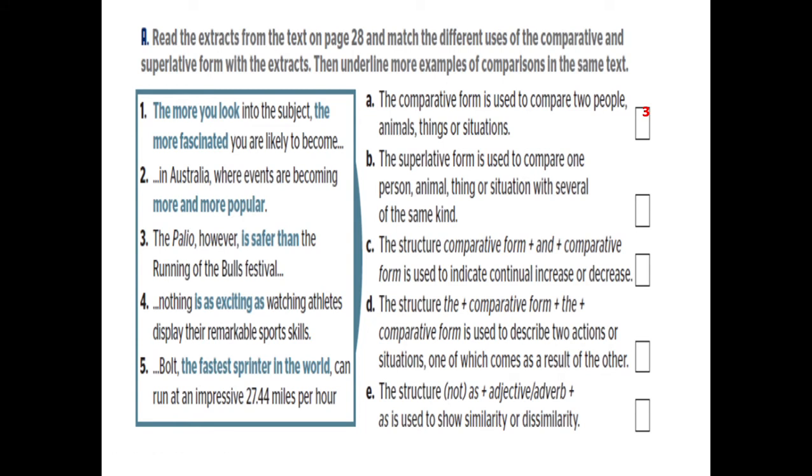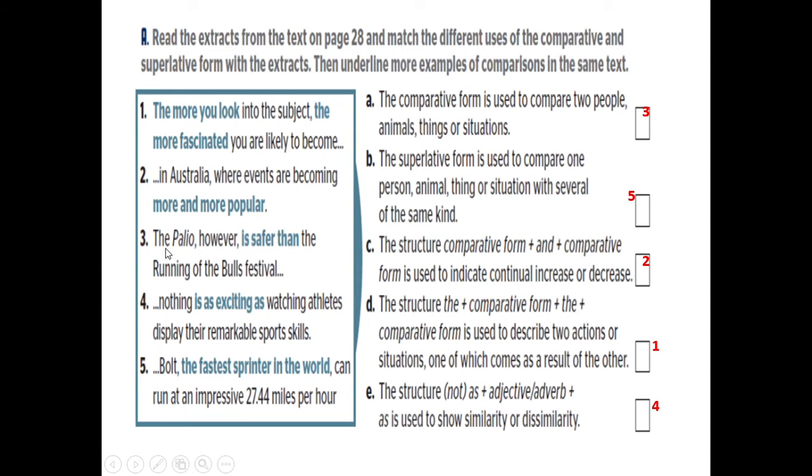Actually, number 1 will be the structure the comparative, the comparative form, used to describe 2 actions or situations, one of which comes as a result of the other. While number 2, in Australia, where events are becoming more and more, will be the structure comparative and comparative form, used to indicate continual increase or decrease.